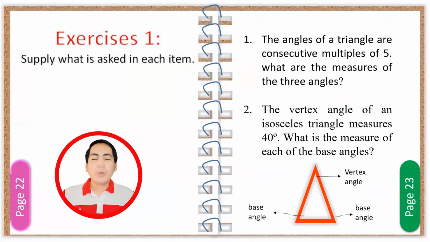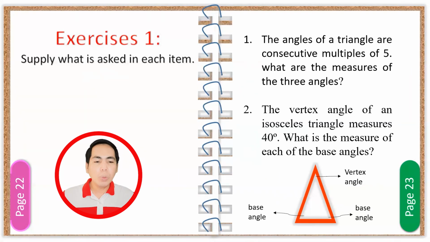Now, for your exercises, you have to supply what is asked in each item. You can comment down your answer on the comment section found below. For number 1, the angles of a triangle are consecutive multiples of 5. What are the measures of the three angles?